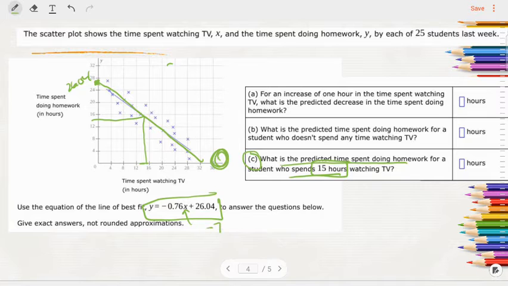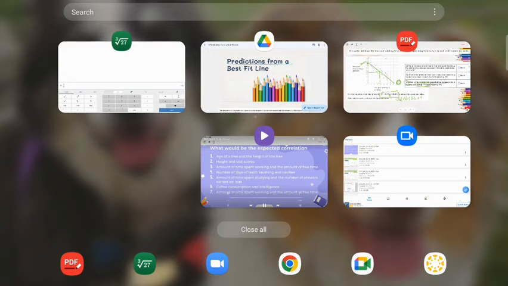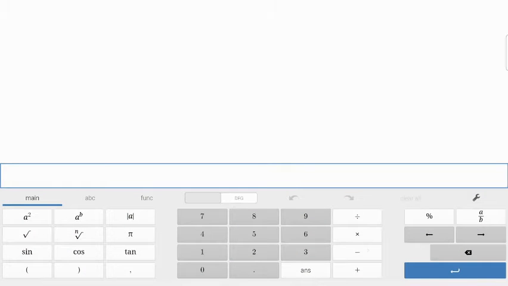So in my calculator, I'm going to type in negative 0.76 parentheses 15 plus 26.04. Now I'll use this Desmos graphing calculator. So negative 0.76 times 15 plus 26.04.